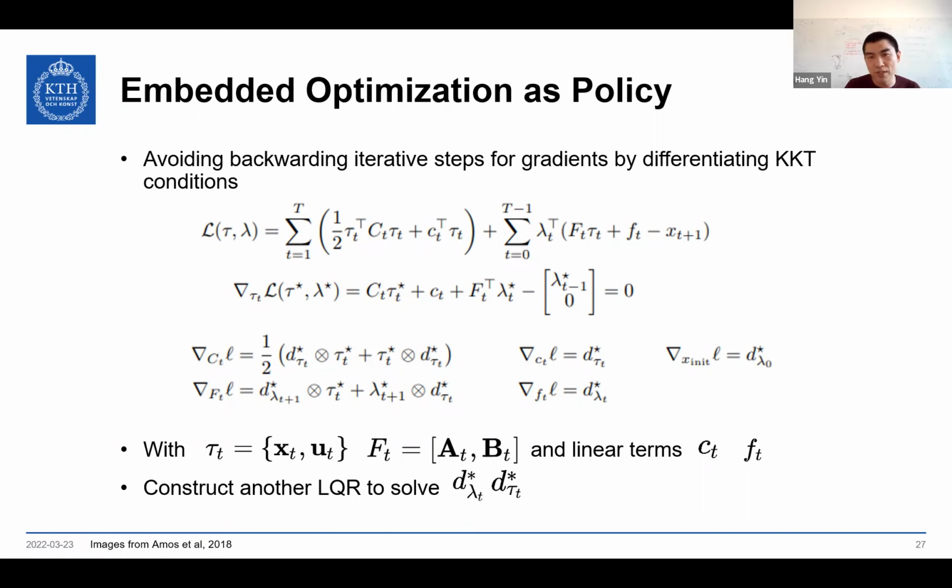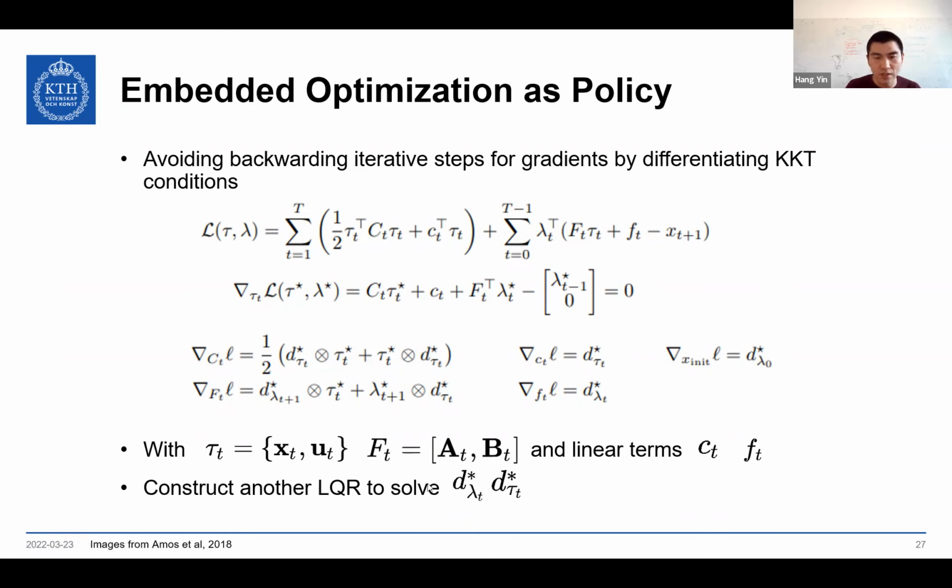function theorem. So basically, if we assume that our forward evaluation of the policy, in resolving the optimization, gives us an optimal solution, then this solution should fulfill some optimality conditions. And by differentiating these conditions, we can find relations between the parameters we are going to take the derivative with respect to and the optimal solution we obtained from the forward pass. So they show that your backward pass can be more efficient.